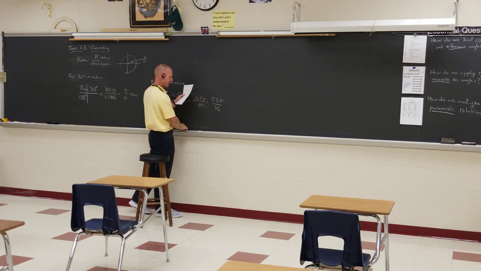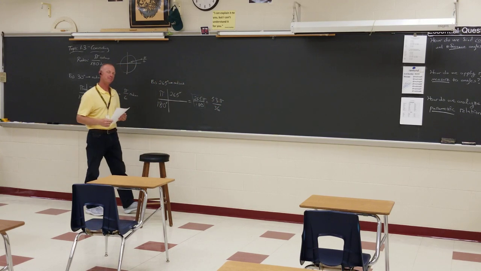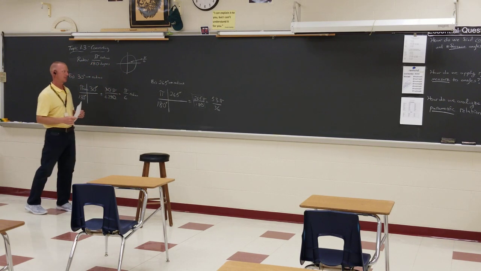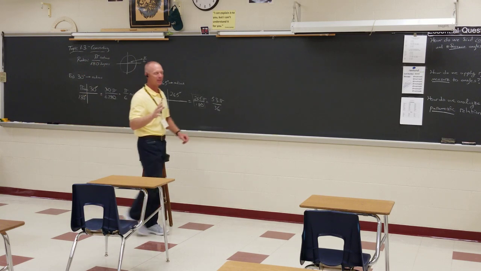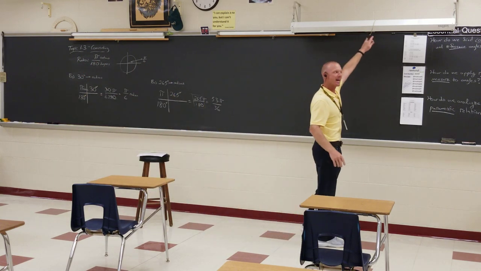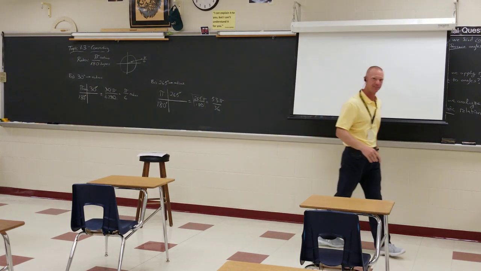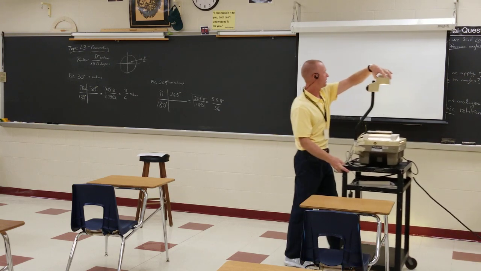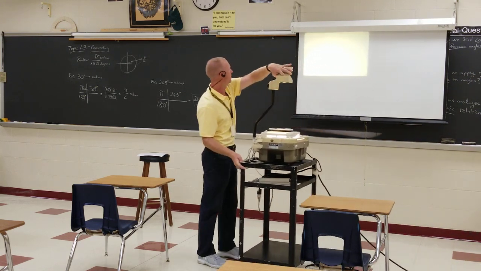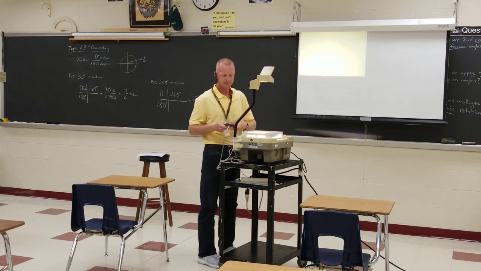I want you to see the way that I wrote this, though. I wrote it as 53 pi over 36. Now, often at this point in the lesson, students are like, what is that? What is 53 pi over 36? Well, it's a radian. But what it's really referring to is an amount of radians.